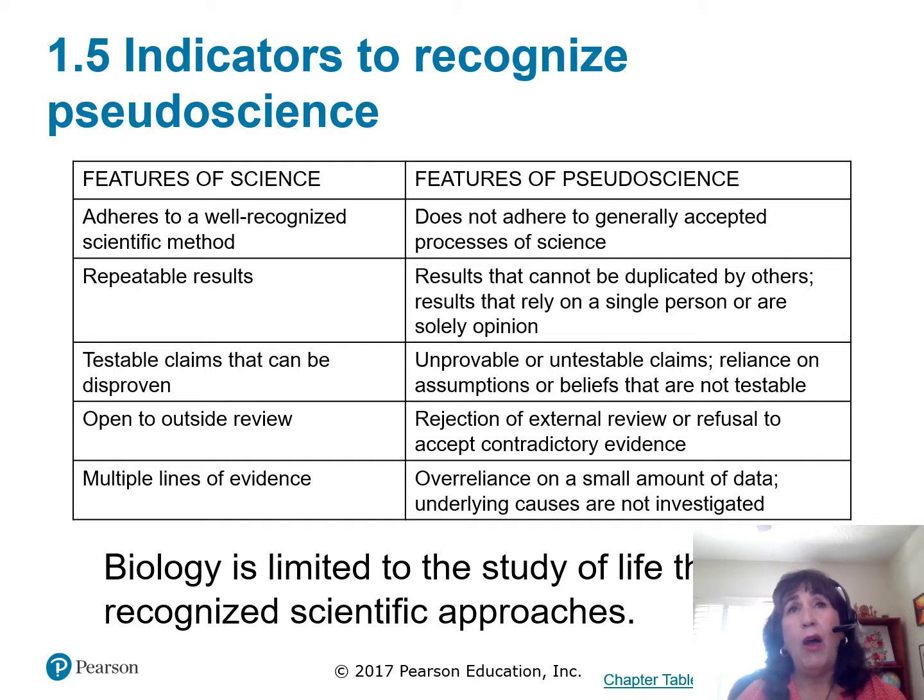In science, all results are open to outside review. In pseudoscience, there is no review. And in true science, there are multiple lines of evidence, but in pseudoscience, there's really just a small amount of data, and underlying causes are typically not investigated. So we need to draw a line in the sand between features of true science and that of pseudoscience.